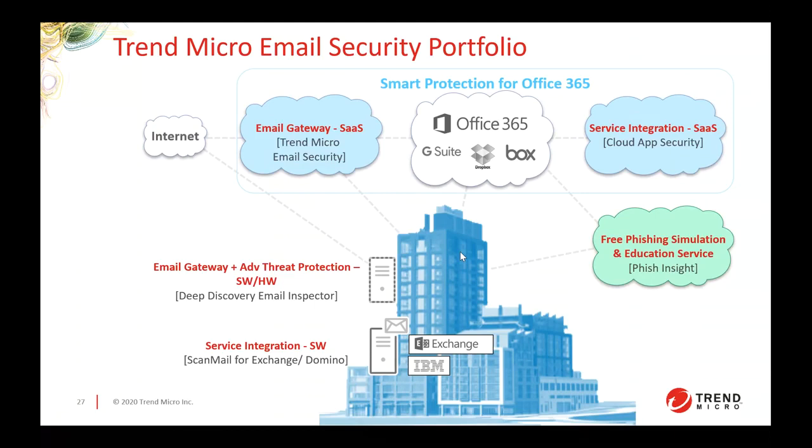You don't need to care about anything, and you can even inspect the users inside the mailbox office. For example, with one single domain, if a user is transferring the mail to another user with the same domain, you can still inspect that using the cloud app security and scan mail. So these are all the advantages with the cloud app security.